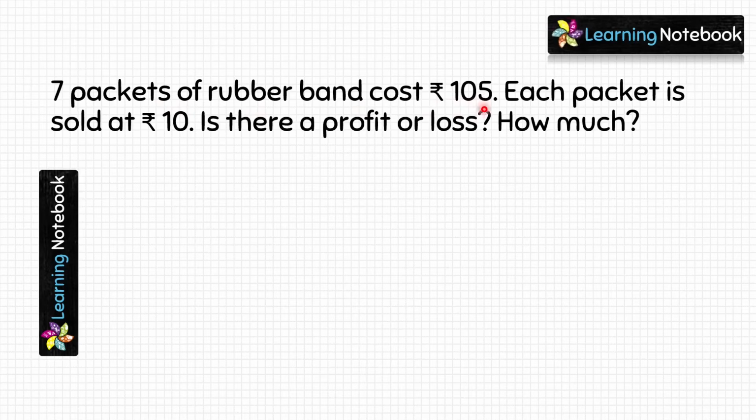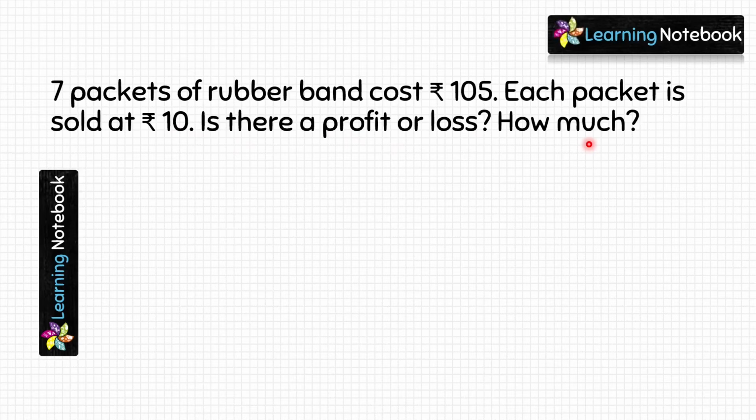But we are given with selling price of only 1 packet. Each packet means 1 packet and selling price is rupees 10. So we have to tell whether there is a profit or a loss and how much.